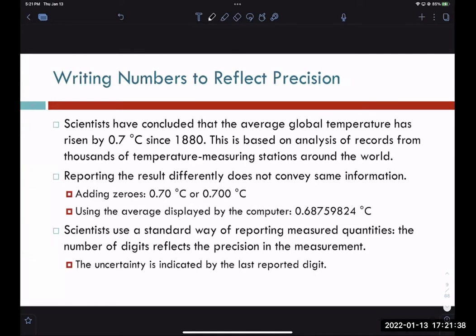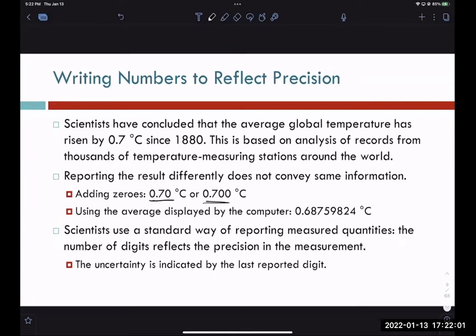Past that number, we can't say, is it 0.76, is it 0.75? There's not enough confidence to say that. So you can't report something with more digits than that. We'll talk about how to keep track of that in terms of calculations.